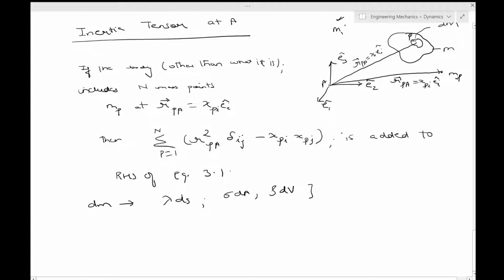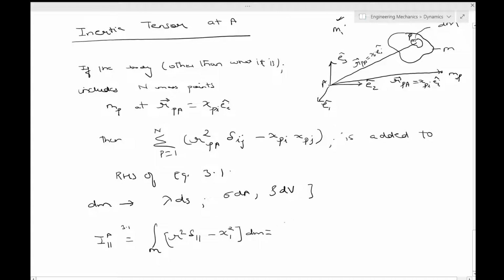Now let me write I11A, the first term. Just recall 3.1, put i equal to 1 and j equal to 1, and one would get r square delta 11 minus x1 square, dm.